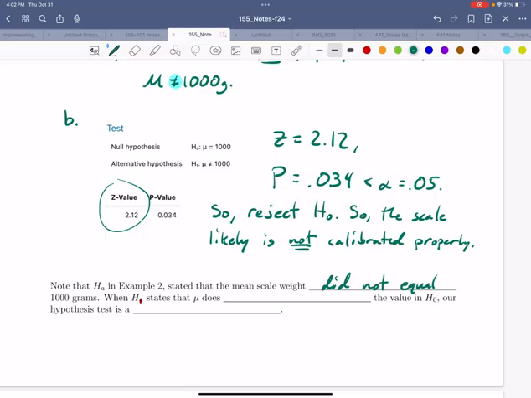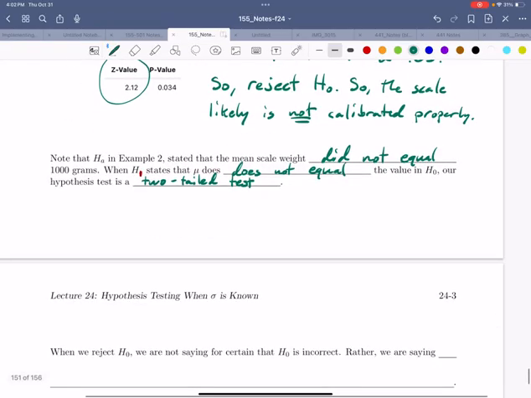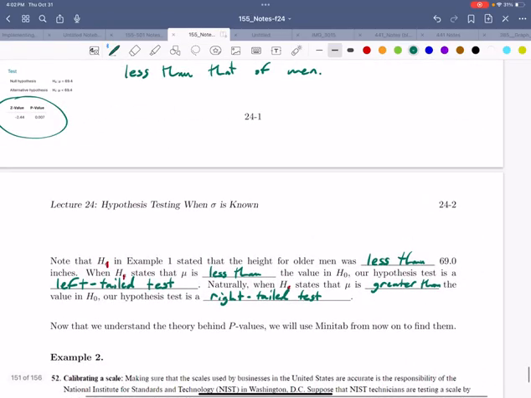When the alternative hypothesis says that mu does not equal the value of the null hypothesis, our hypothesis test is a two-tailed test. Okay?